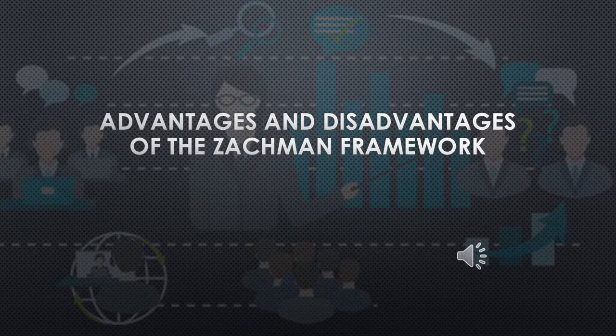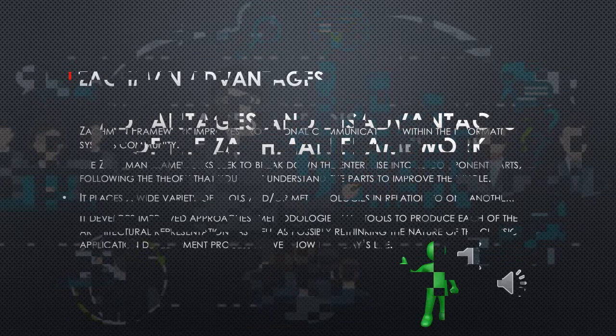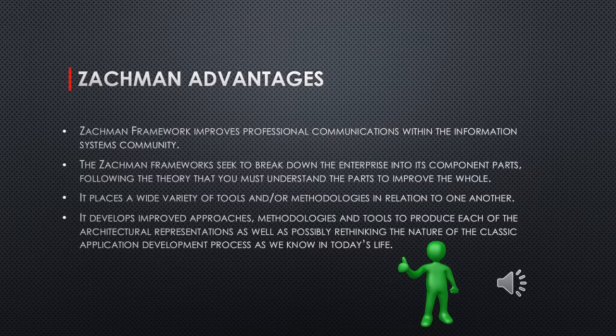Now we will be taking a close look at the advantages and the disadvantages of the Zachman framework. The advantages of the Zachman framework. The Zachman framework improves the professional communication within the information systems community. It seeks to break down the enterprise into component parts, following the theory that you must understand the part to improve the whole.